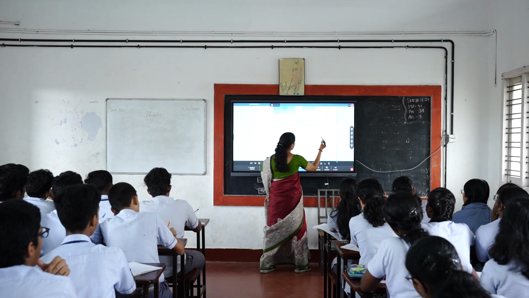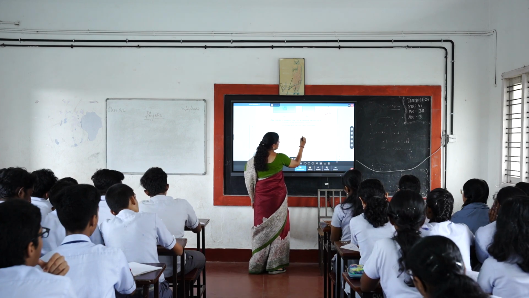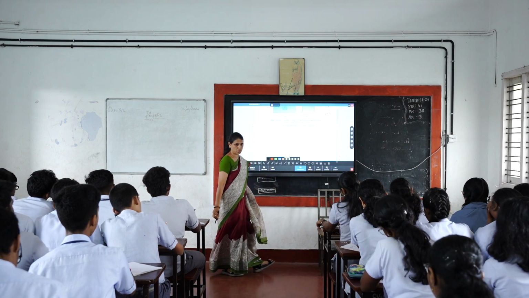Now we got the equation. See, rho G H is equal to 2S by R. This is the equation that we got.